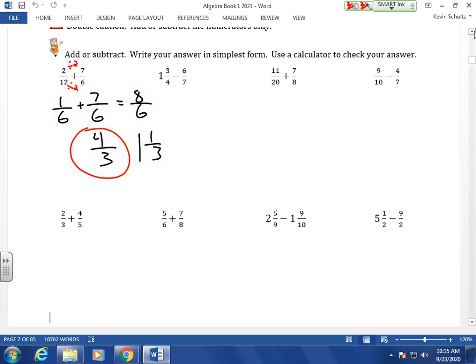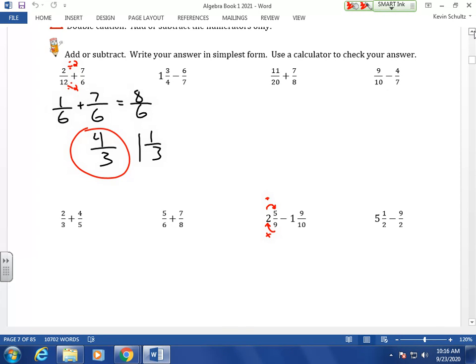So as a brief review, how would we convert 2 and 5 ninths to an improper fraction? Joe? And how would you get that? 23 over. Sure, that shortcut that you were probably taught was multiply the denominator by the whole and then add your numerator. 9 times 2, 18, plus 5 is 23, so 23 ninths.